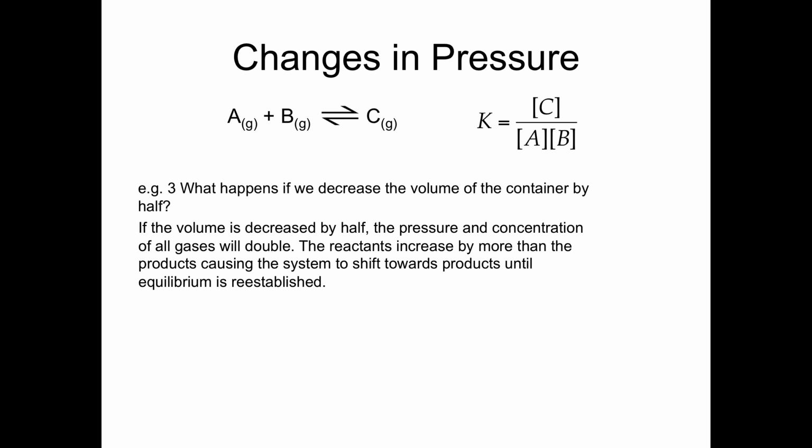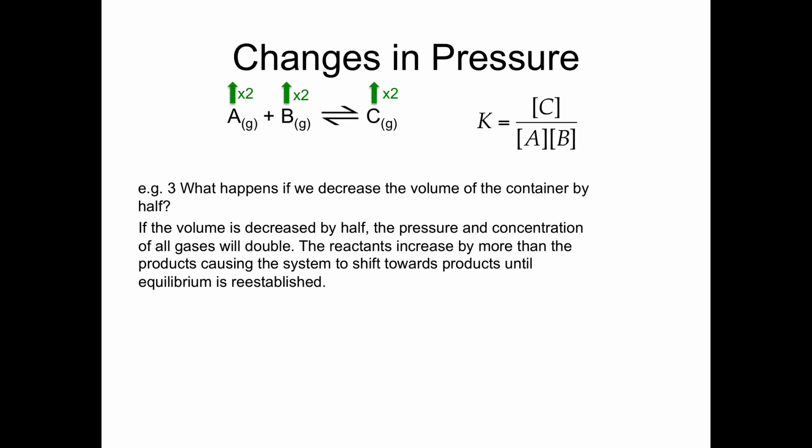The other thing we can tell from rearranging the ideal gas law is that pressure and concentration are proportional. And you can think about this: if you squish the particles into a smaller space, you're going to be increasing the concentration of those particles. So by decreasing the volume of the container, we double the concentration of everything in the container.